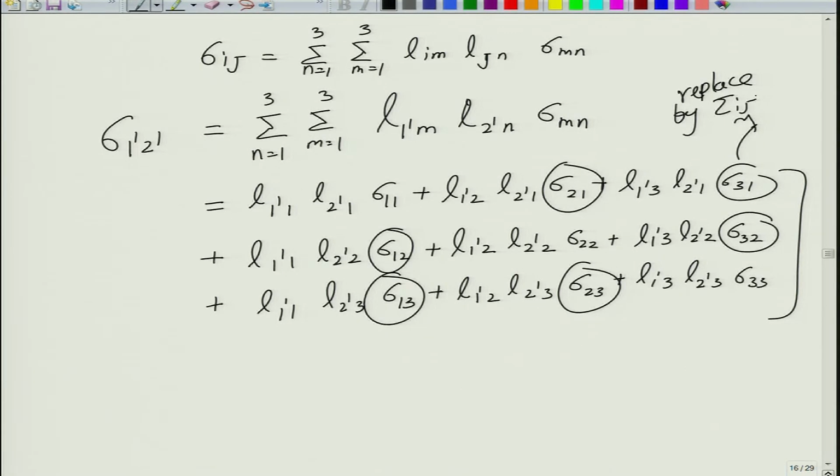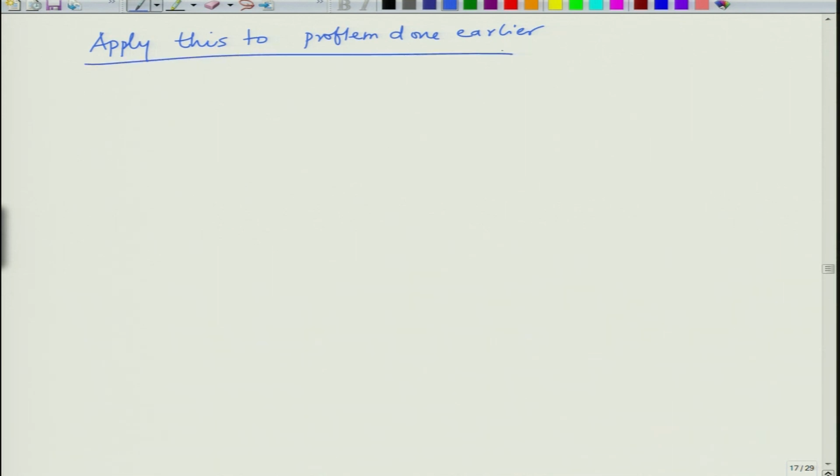So now if we apply this to the problem that we did earlier, we draw the same box.